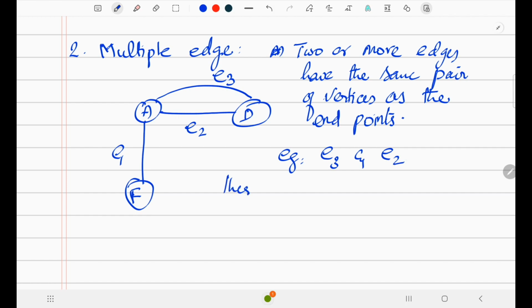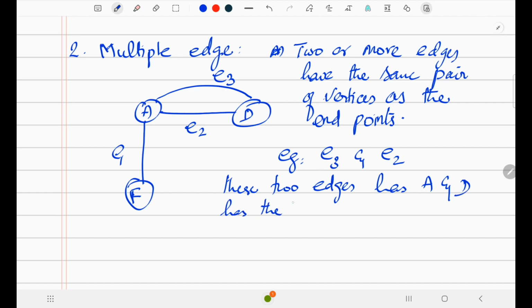Here, for example, E2 and E3 are multiple edges. Clear? Very simple concepts.